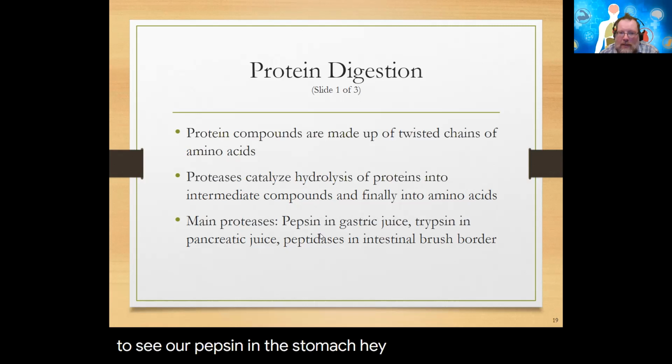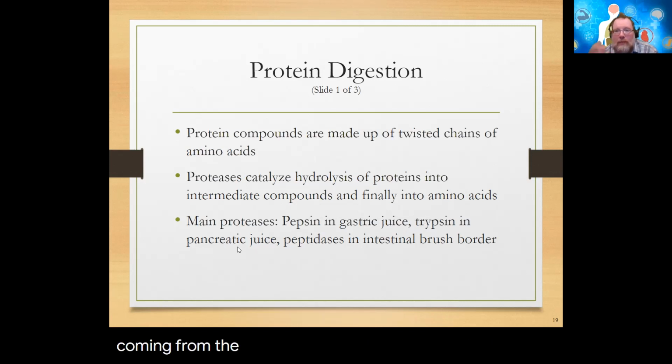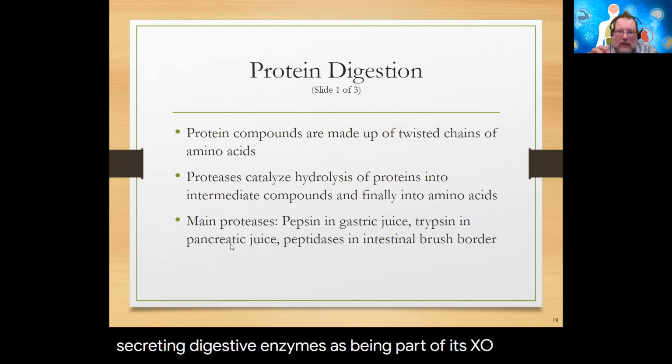Hey, pepsin, that's your first protein digestive enzyme, protease, called pepsin. And then we continue, we get what's called trypsin coming from the pancreas. So remember, the pancreas is secreting digestive enzymes as being part of its exocrine umbrella.